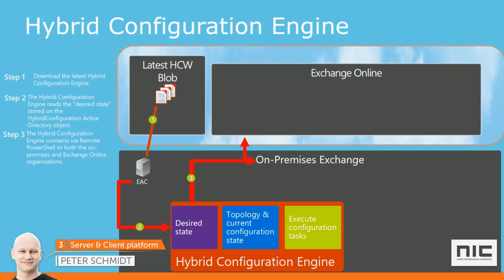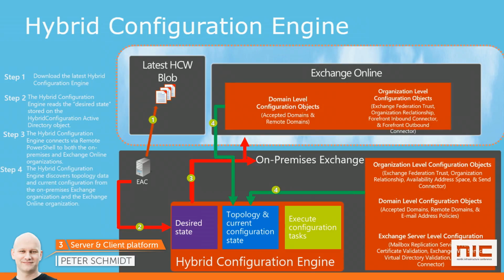It's then connecting using remote PowerShell against our on-prem Exchange and Exchange Online. Then it's pulling the configuration information from Exchange Online and from the Exchange we have on-prem, and it's comparing those to make sure it can configure the hybrid experience so it fits your environment based on the configuration.